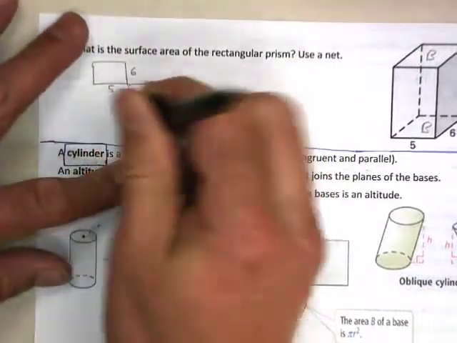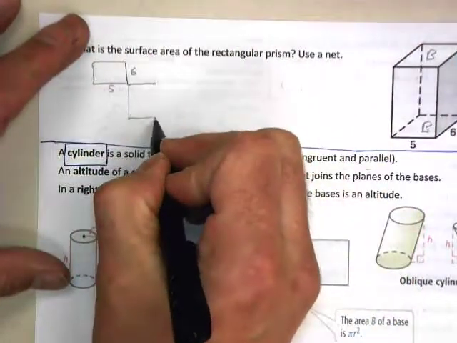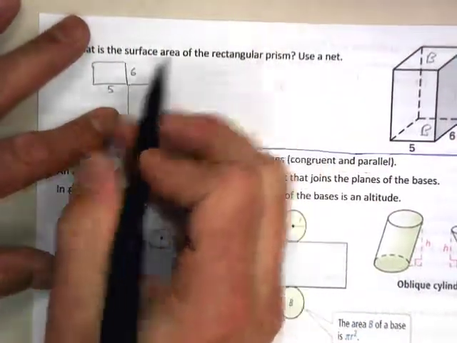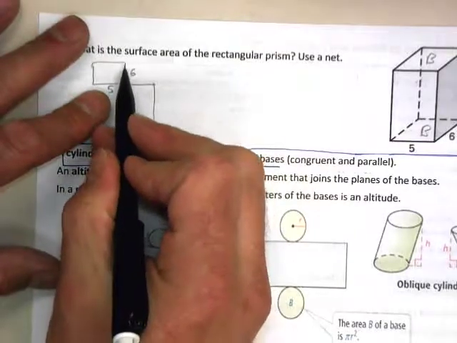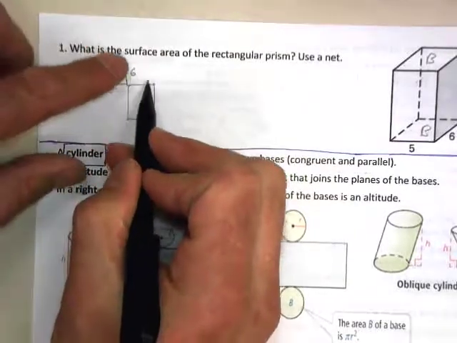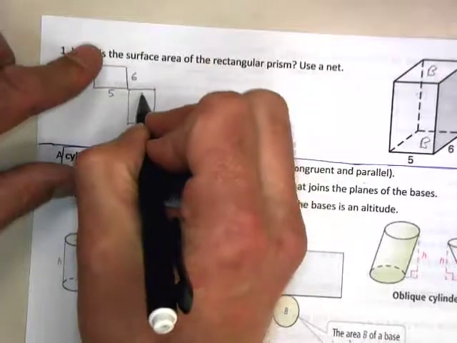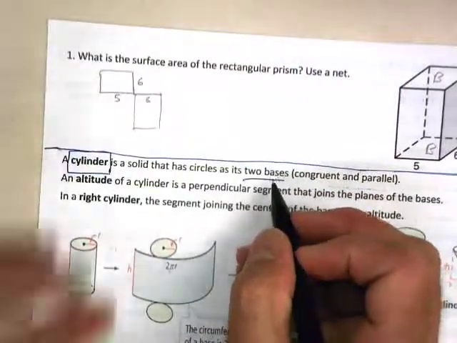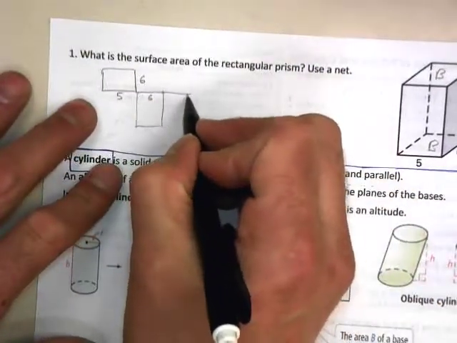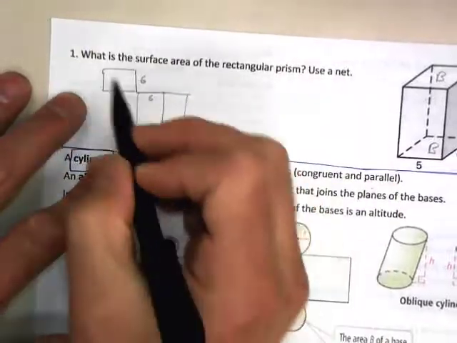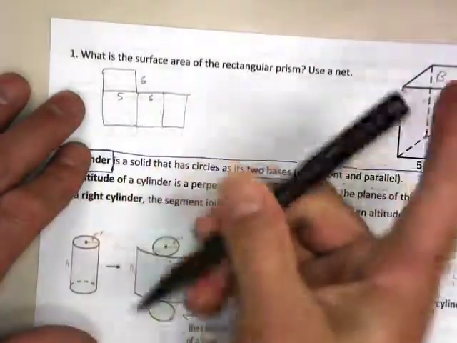And what is the length of this? Make it a little bit smaller. What is the length of this edge going to be? It's going to be the same as the length here, because these, when they fold together, are going to touch. So this is going to be 6. And then what is the length of the next rectangle? I've got to go ahead and close this one up.